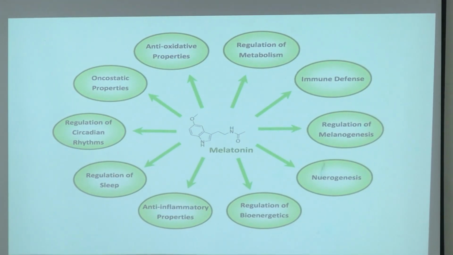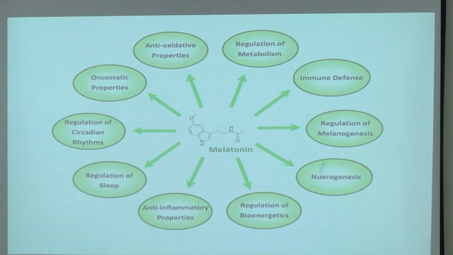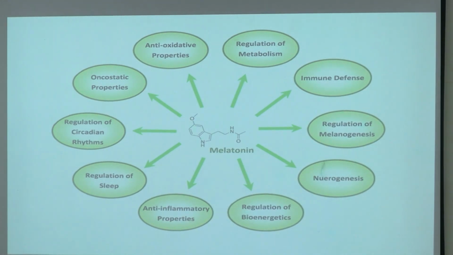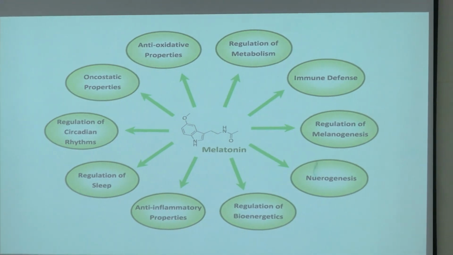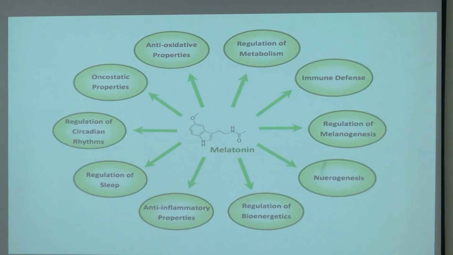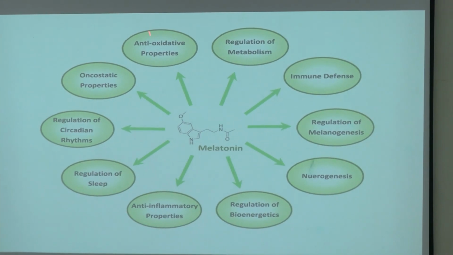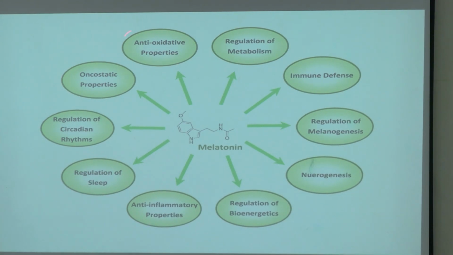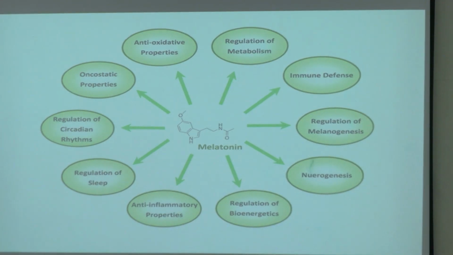It was found that whenever the level of melatonin is high, the concentration of free radicals is lower. It means that in the presence of melatonin, it helps to scavenge free radicals, so we could say it has antioxidant properties. So these five are the most important properties influenced by melatonin.